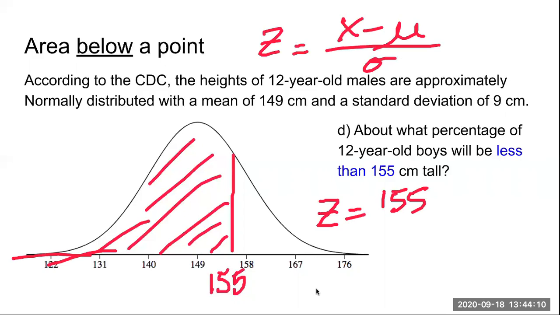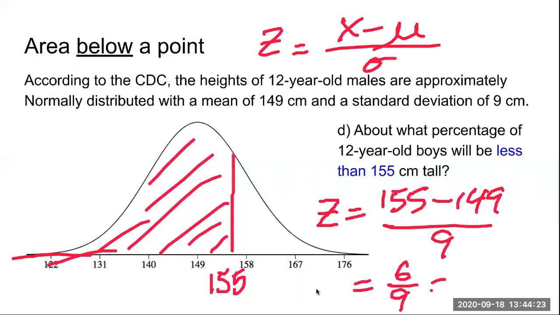X is the observation, also known as the boundary. We subtract the mean, which was 149, and divide by the standard deviation, which is 9. So we get 6 over 9, which is 0.67, we'll call it. So our z-score is 0.67.